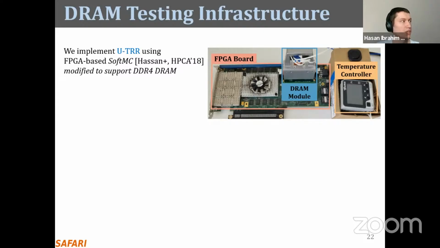So we implemented UTR using SoftMC, which we discussed a lot in the previous two meetings. We used this FPGA board that you see here with DDR4 SODIMM support. So here you can see the FPGA board. You can see the DRAM module. Well, you cannot actually see the DRAM module because of this clamp over here.